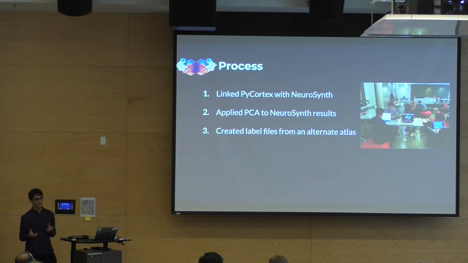We linked PyCortex with NeuroSynth, applied PCA to NeuroSynth results, and kept the maps to visualize by themselves. We also created label files associated with an alternate atlas or parcellation scheme, which we want to make more of. All of this was interfaced together with amendments using JavaScript to PyCortex.